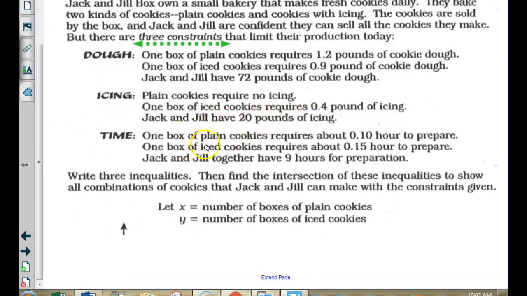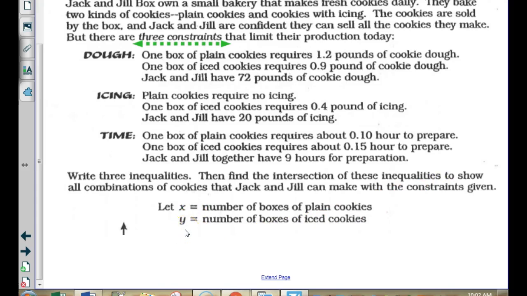As for time, the plain cookies take 1/10 of an hour, the iced cookies take 0.15 of an hour, and they have 9 hours for preparation. Write 3 constraint inequalities, then find the intersection of these inequalities to show all the combinations of cookies they could make. All right, so they helped us out.